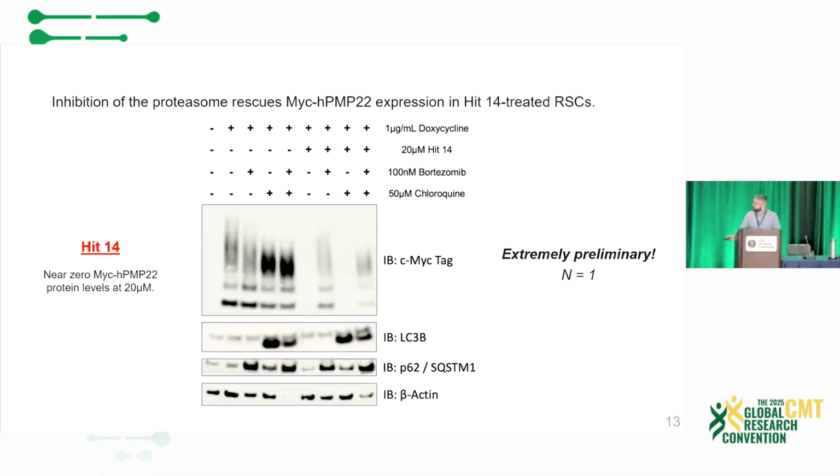However, co-treatment with that hit and bortezomib, inhibition of the proteasome, appears to bring a substantial amount of the protein back. So it's possible that this treatment is somehow biasing PMP22 toward proteasomal degradation.